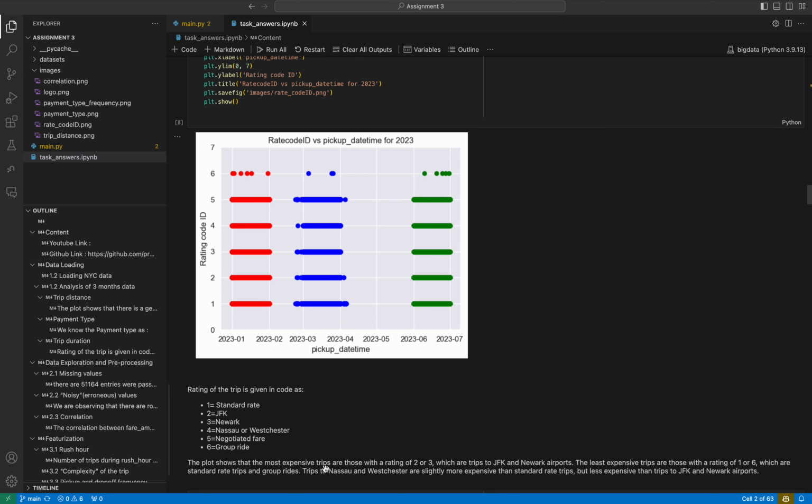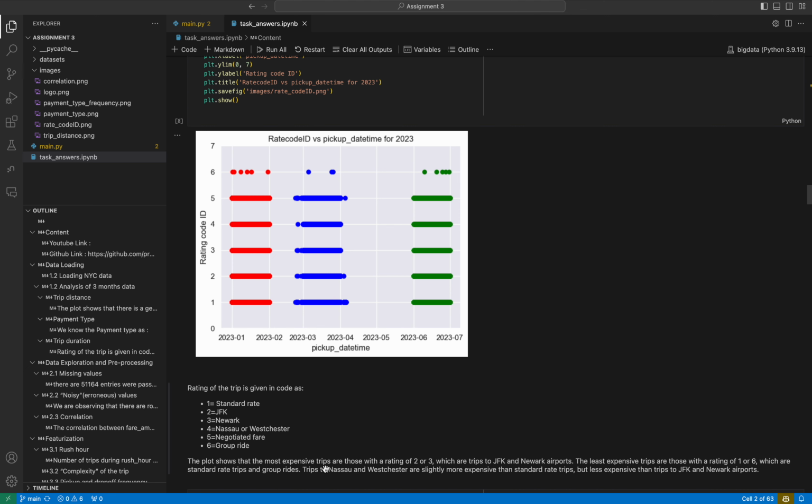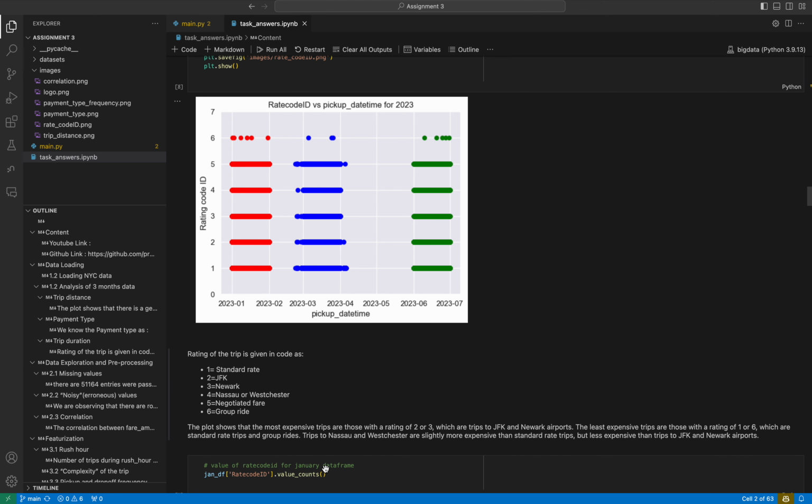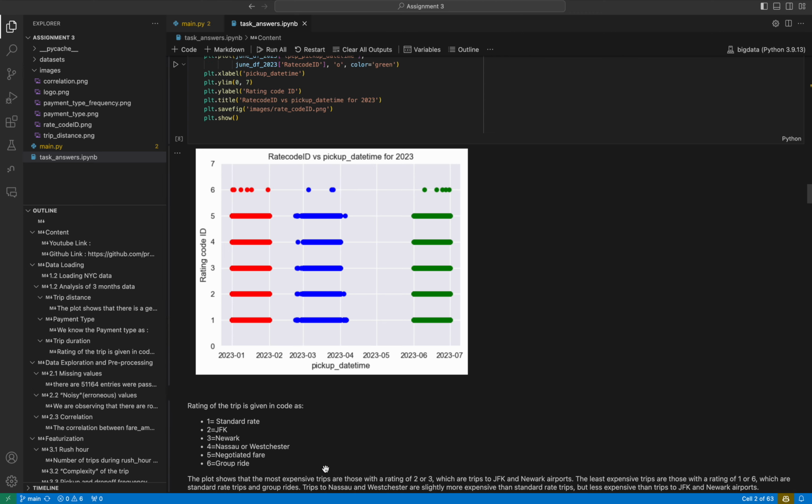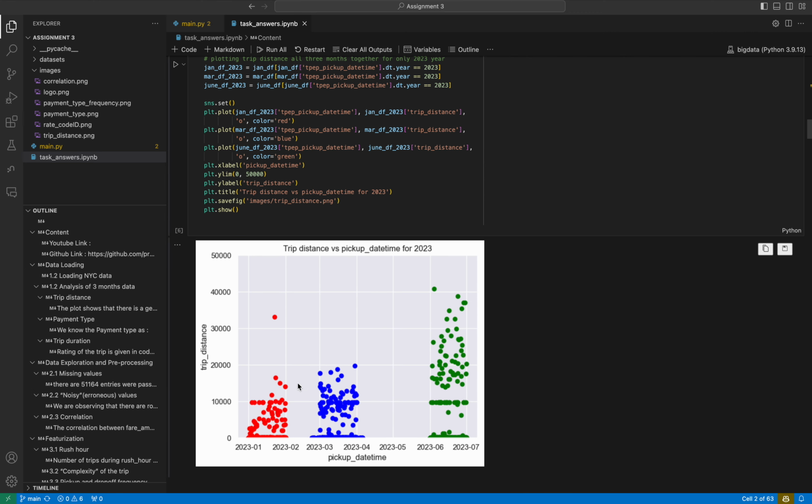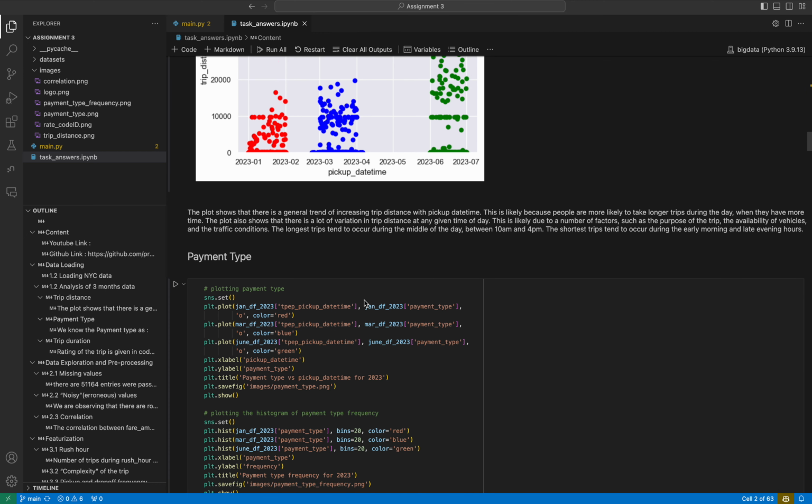We can see that it is increasing, as it was for trip distance too. Trip distance and trip duration are kind of similar, because obviously as the distance increases, the trip duration also increases.